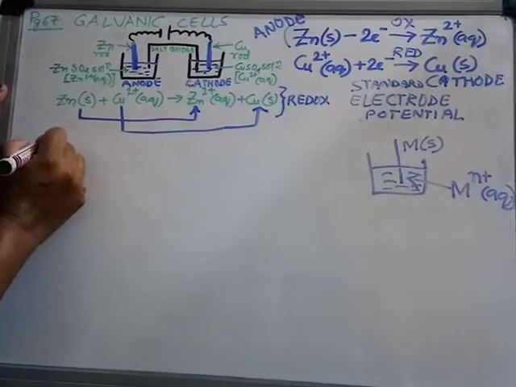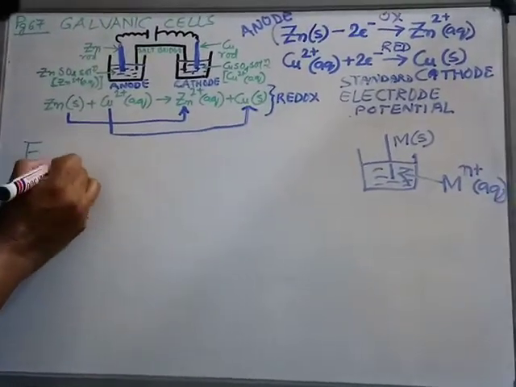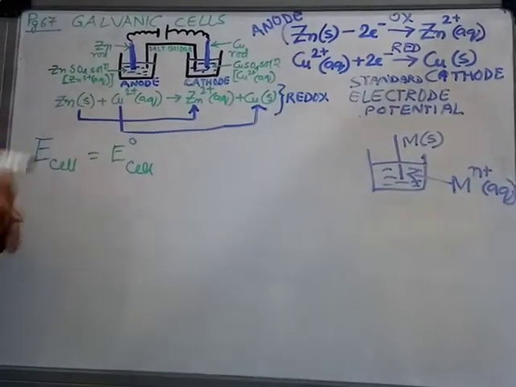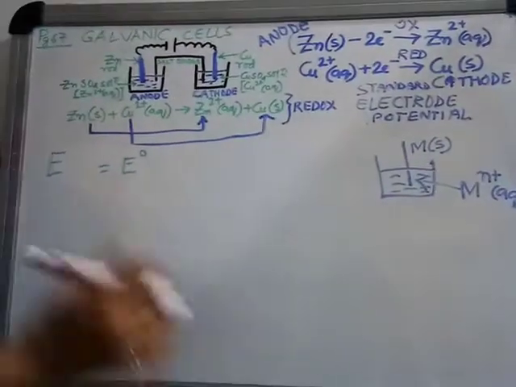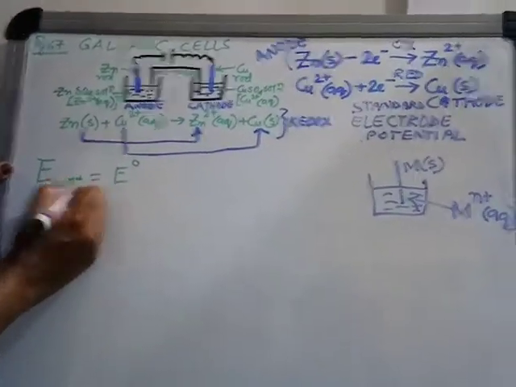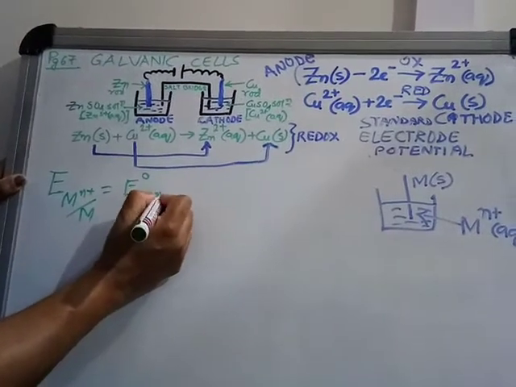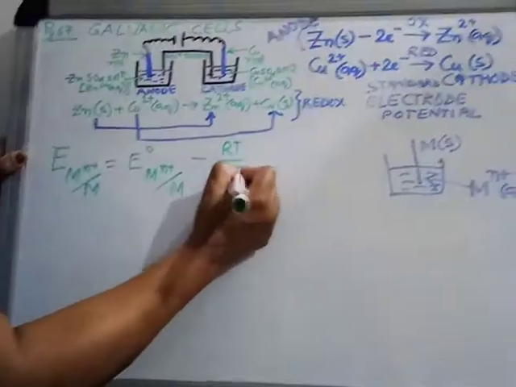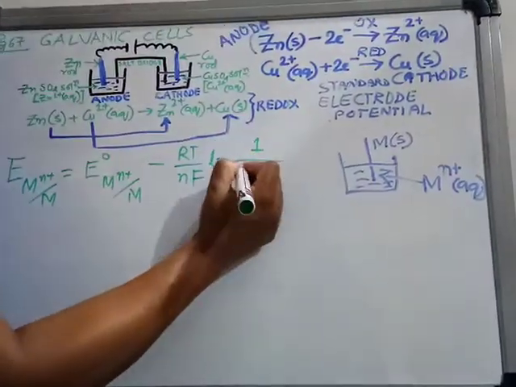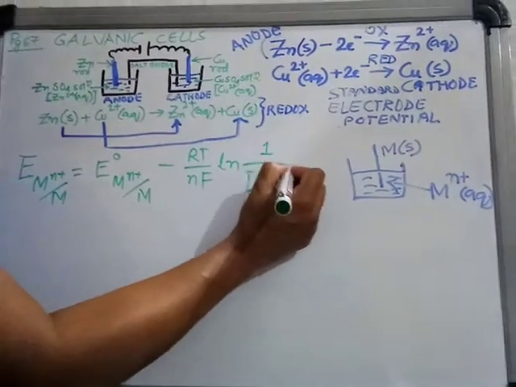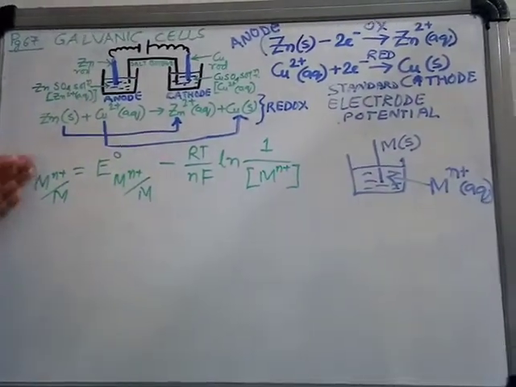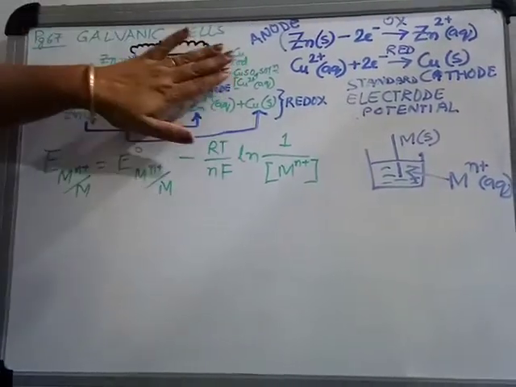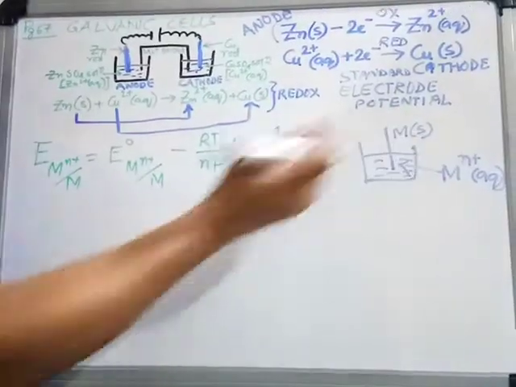So you have E cell is equal to E0 cell, to be more precise, since I have taken Mn+/M, so E0 Mn+/M minus RT by nF ln of 1 divided by the concentration of Mn+. This is the general Nernst equation. So we will apply it now to the anode separately and to the cathode separately. Remember, this equation is for only one container.